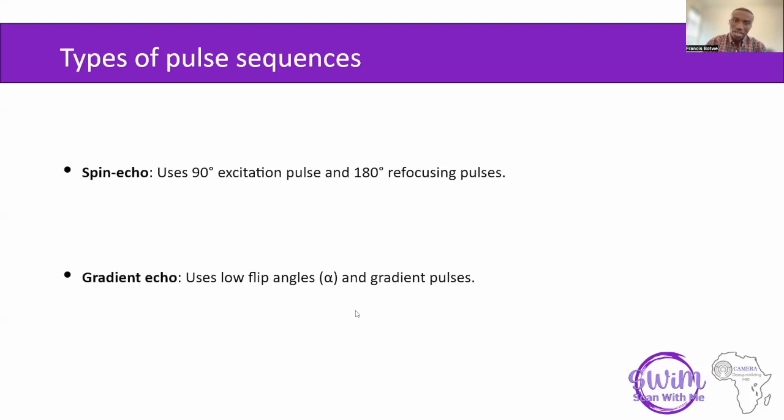There is no 180-degree refocusing pulse in gradient echo sequences. So you can use that to differentiate if you're having difficulties noticing which sequence you are using. We can move on.